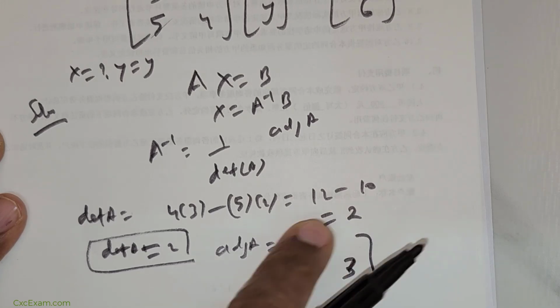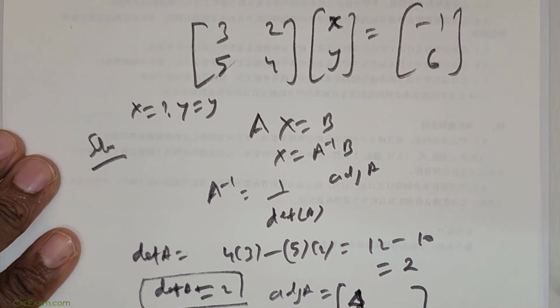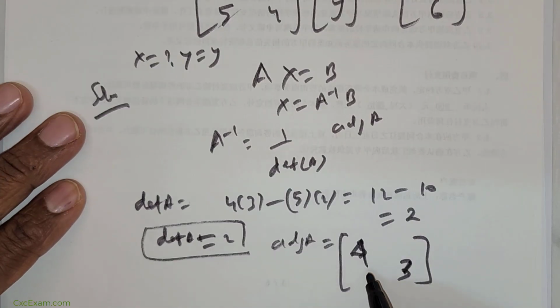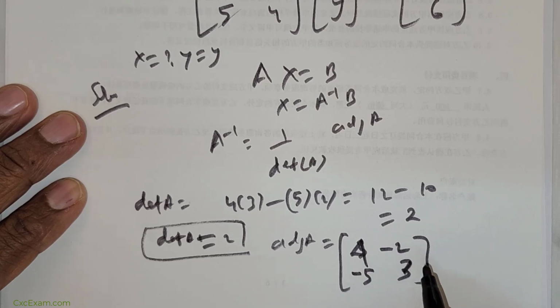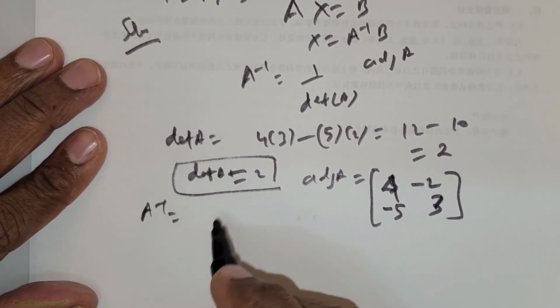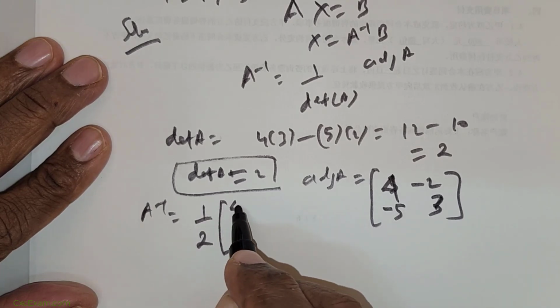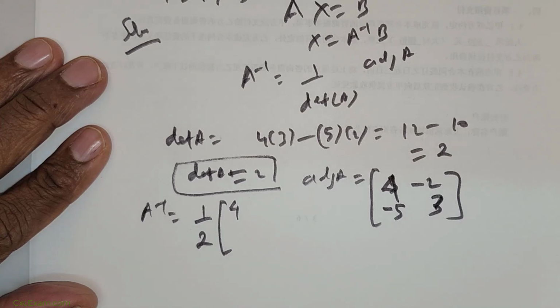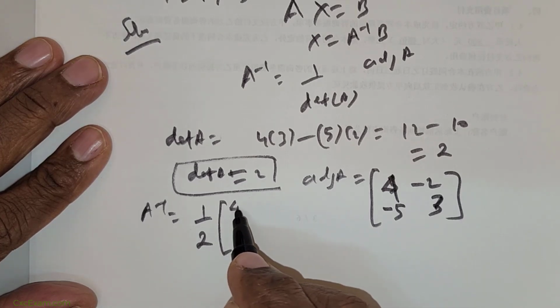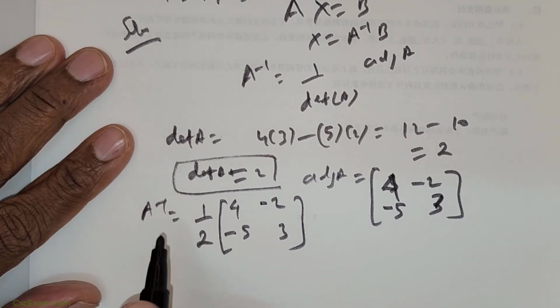Now when you are moving along this direction, you will have to add a negative sign. So that is going to be -5 and -2. So this is the adjoint of A. So now A inverse is going to be 1 over the determinant, multiplied with [4, -2; -5, 3]. So this is one part.